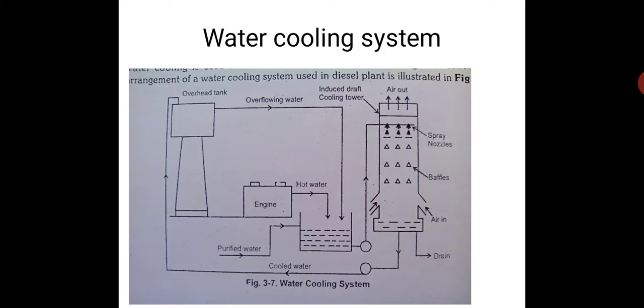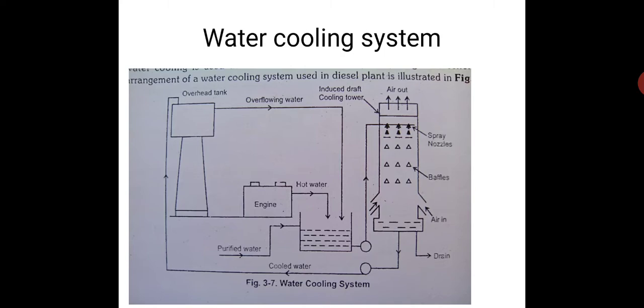Now we will look at one more aspect of the power plant, that is the cooling of the diesel engine, because the engine generates a lot of heat, and almost 30-35% of the fuel energy gets converted into cooling jacket heat, so that amount of heat has to be dissipated to the atmosphere.